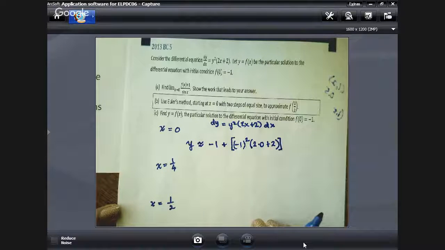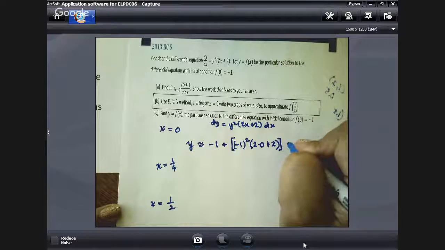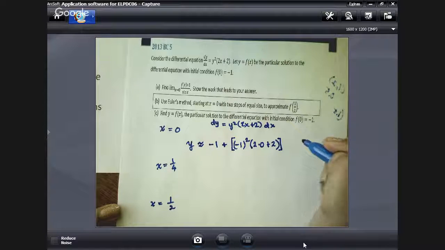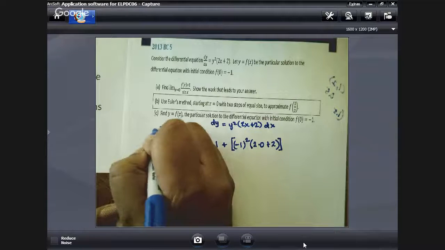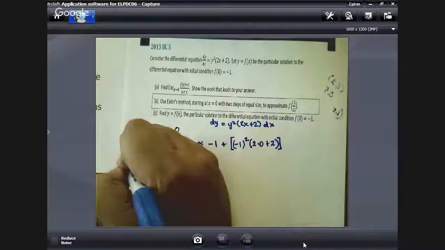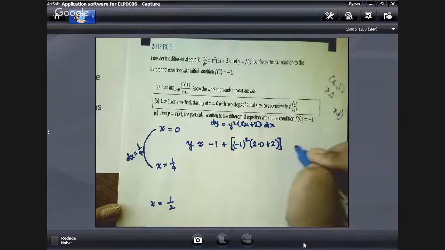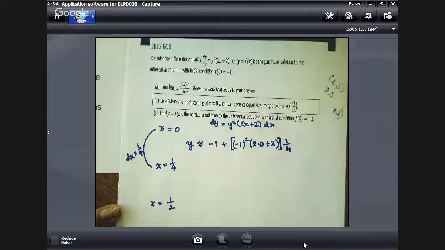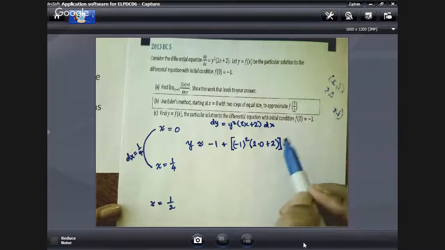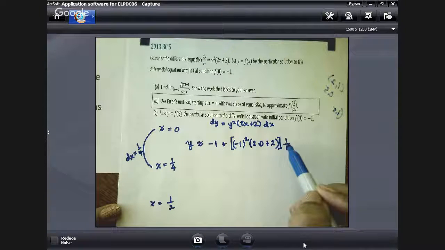And then you're going to multiply that times, well, basically dx, right? Notice that dx in this case, how far it is from here to here, is 1/4. So times 1/4, right? That's going to give me my new y value. So this is 2 times 1, which is 2, times 1/4, which is 2/4, a half.